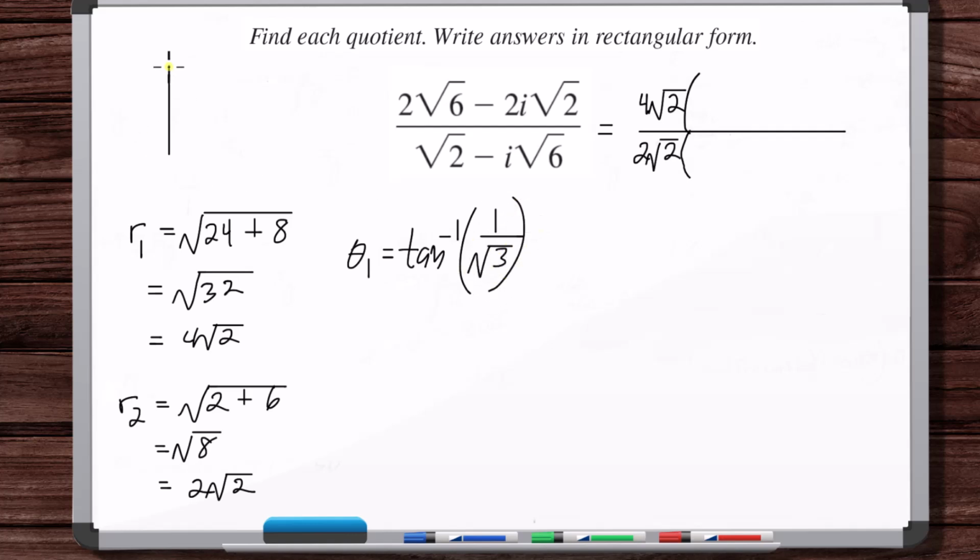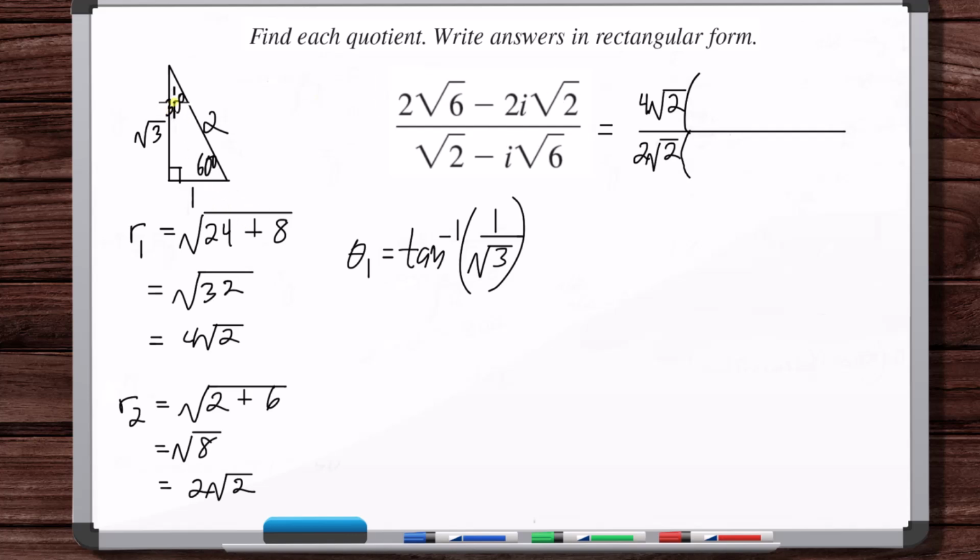Now if we think about the 30, 60, 90 triangle, we're in positive x, negative y, the fourth quadrant.